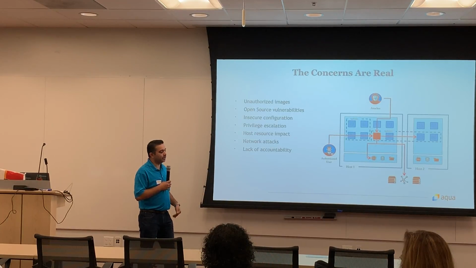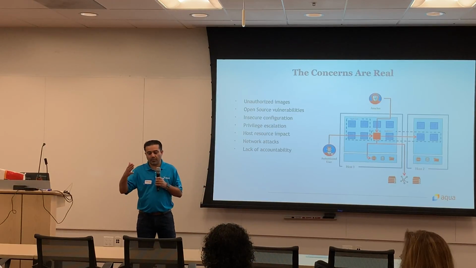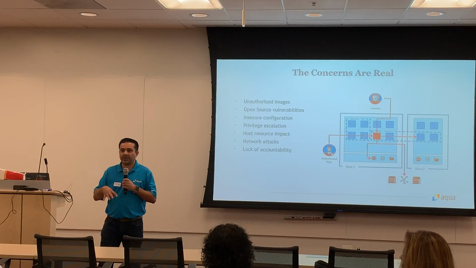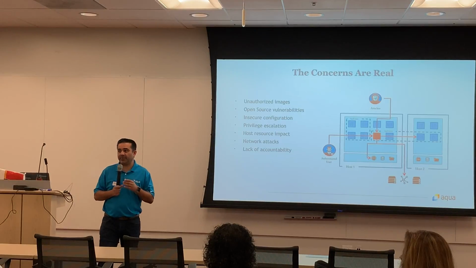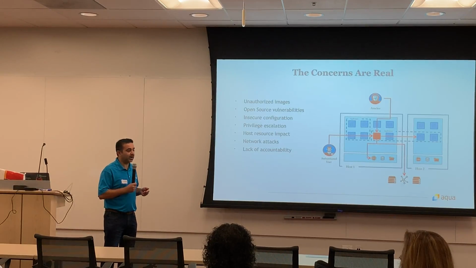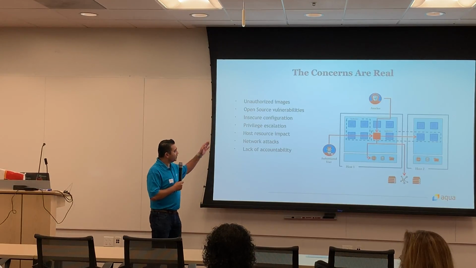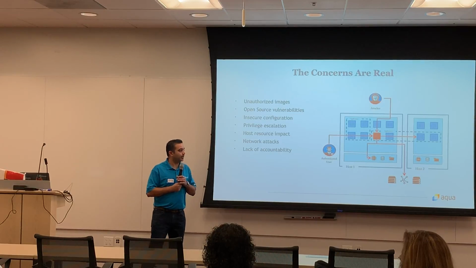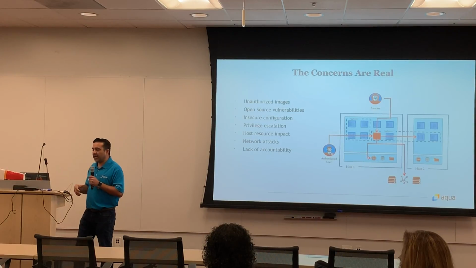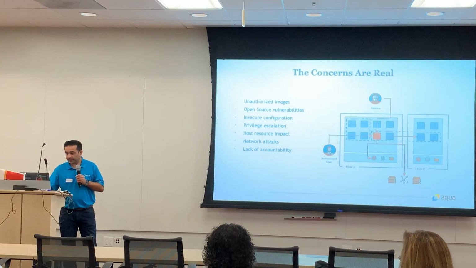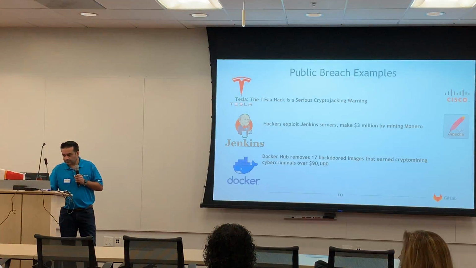Privilege escalation: when someone in a container could come out of the container, get escalated privileges and do more damage to the environment. There's also network attacks, and anyone could do anything when you have an insecure container environment.